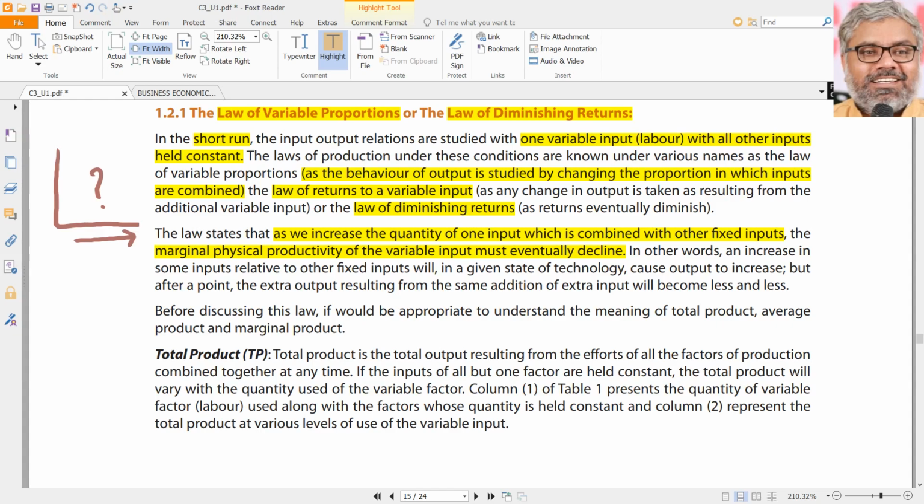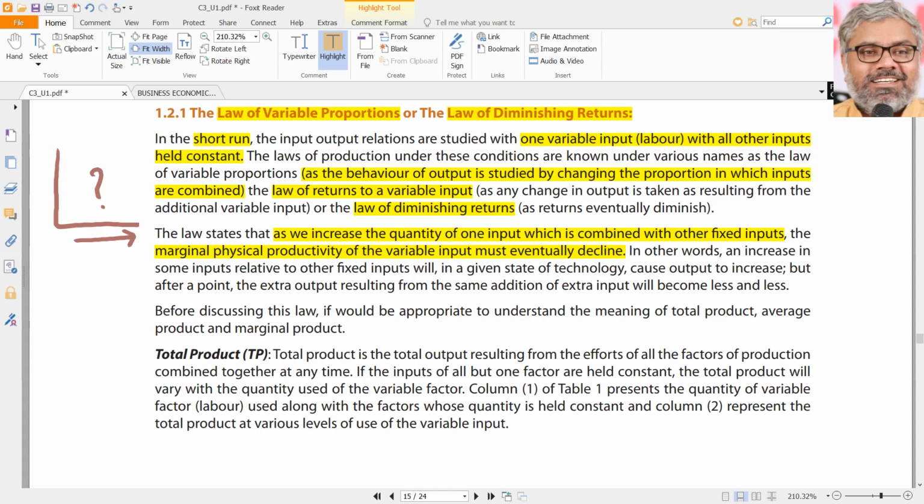The marginal product, the additional output that is generated by employing one additional input, will not start diminishing from the first input itself. No, it will not. For some time it will go up, but eventually it will decline. Over a period of time, later sometime it will decline. That is why there is a difference between the theory of diminishing marginal utility and the law of diminishing returns. Okay, the core difference is from whose point of view we are telling, but the underlying logic is the same.